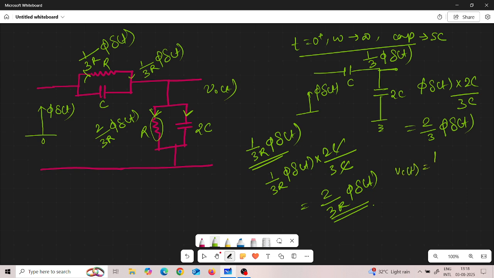VC(t) will be 1 by 2C integral from minus infinity to t of 2 by 3R Φδ(t), and again another 3 is present, so 3 into 3.